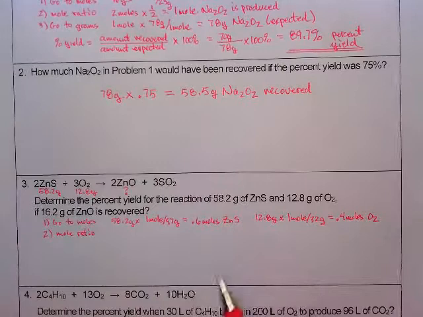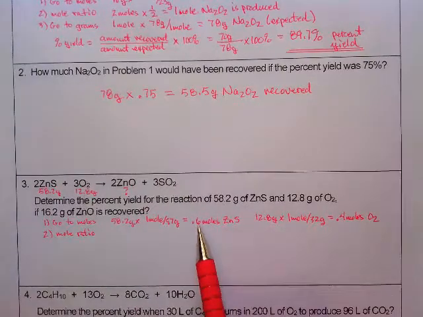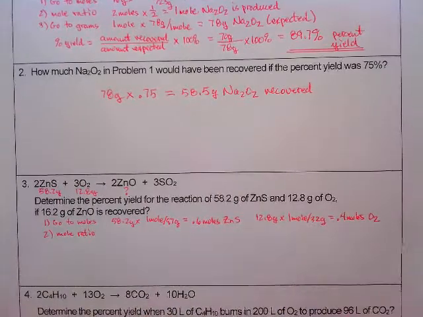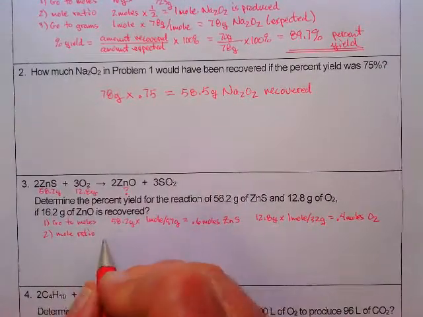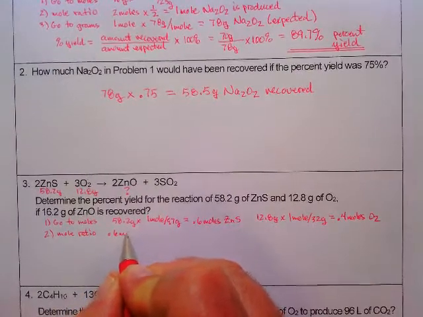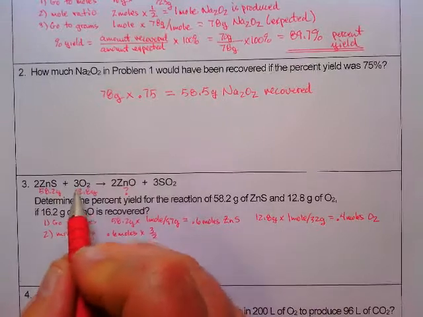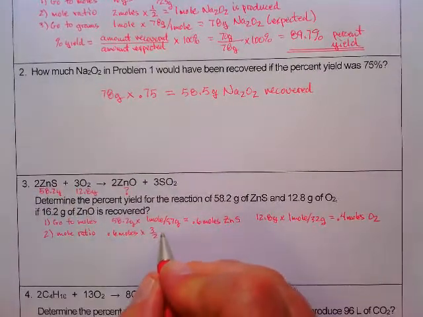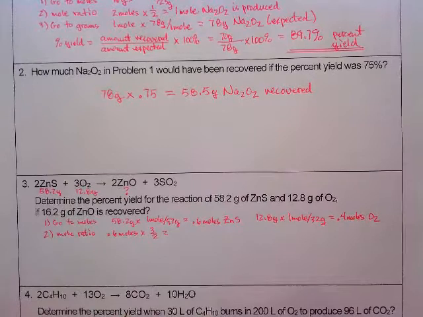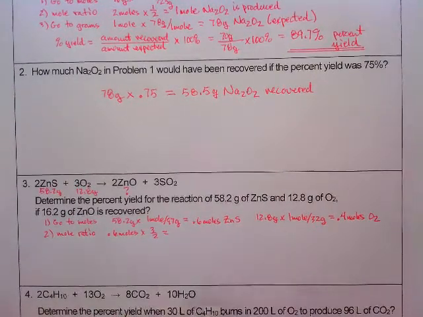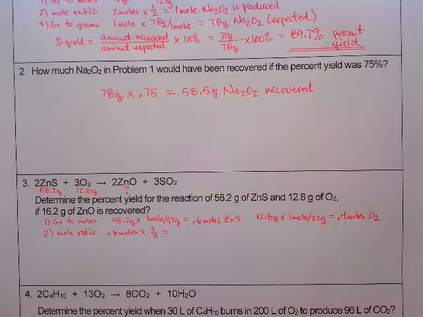Like I did in all the other problems, I'm going to start with the first one and then use, in this case, 3 to 2 to find out how much O2 I would need. So 0.6 moles times 3 over 2. Again, the 3 is here, the 2 is there. That tells me that, let's see, 0.6 times 3 divided by 2.